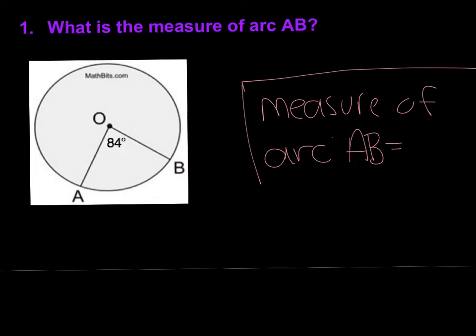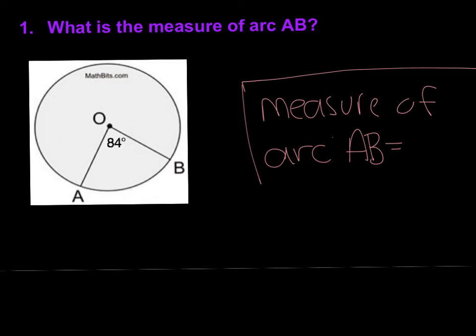So if we look at our picture, we can see that we have 2 points that are on the circle, and we have that center point. You can see that that O point is in the middle or at the center of the circle. So that means that this angle here is the central angle.